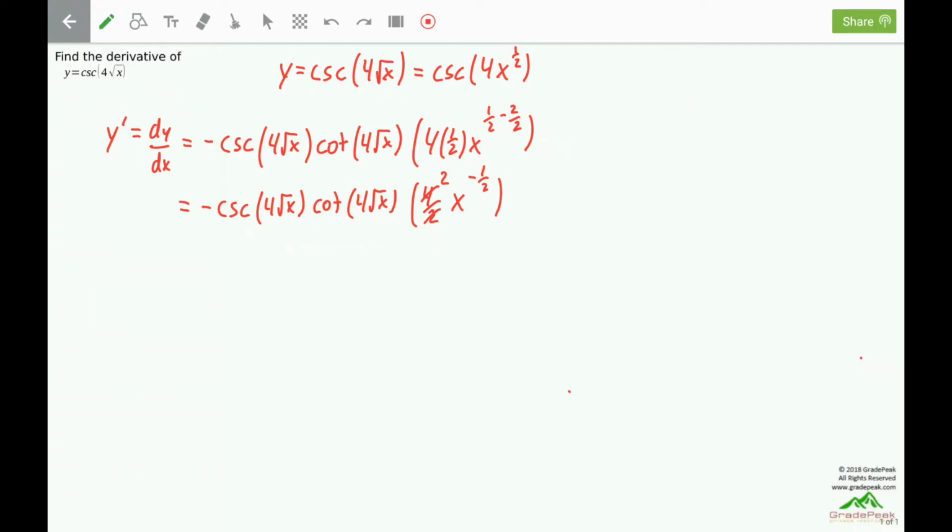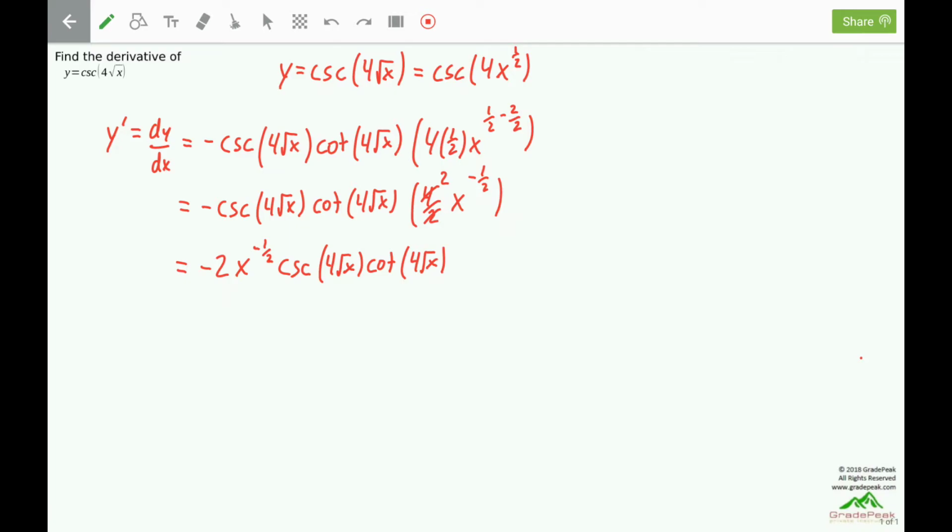This can move out front with the negative. So we will have a negative 2 x to the negative 1/2 times cosecant 4 square root of x cotangent 4 square root of x. Since we have a negative exponent, we can move that to the denominator.